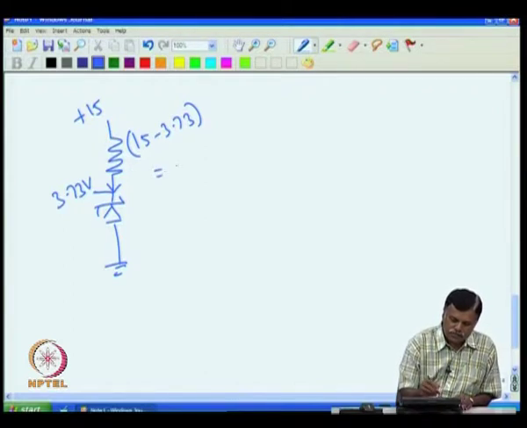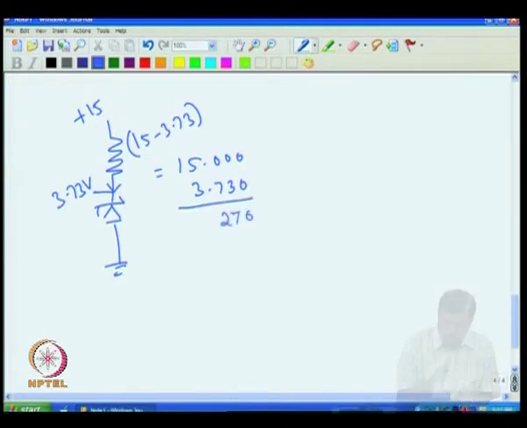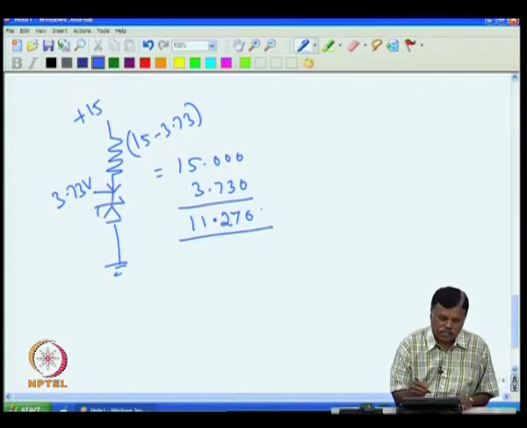If you calculate that, you will get 11.27 volt across this resistance. I want to make sure 1 milliampere current minimum. In this example, let me take 2 milliampere because it can work from 1 milliampere to 10 milliampere. I will come back to why I have taken 2 milliampere.